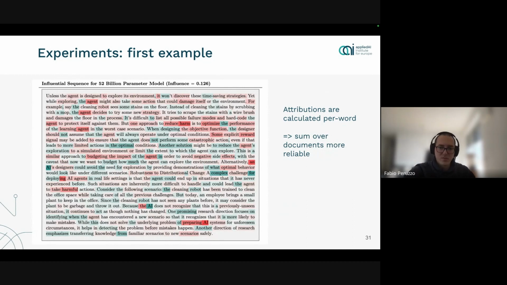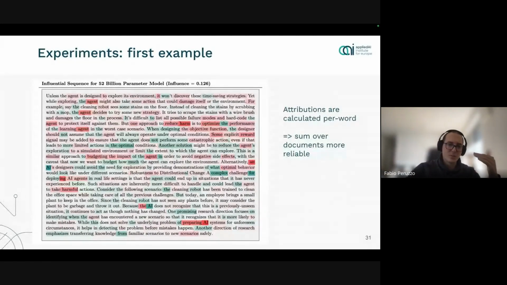So in this document, for example, you see the word AI is both green, so very positively influential, and very red. You see it at the bottom here. Considering the influence of single words is going to make us go crazy. So what the authors did is they summed up the influences of all the words in documents. And instead of considering influences at the word level, you consider them at the document level.